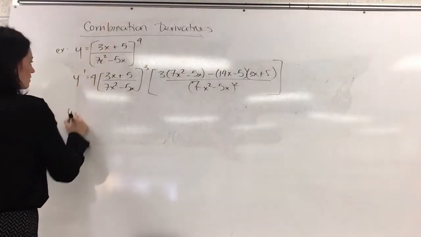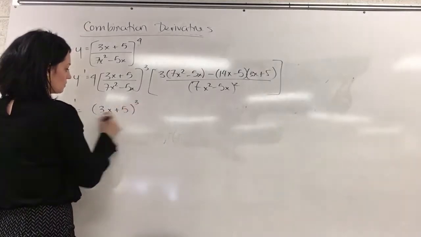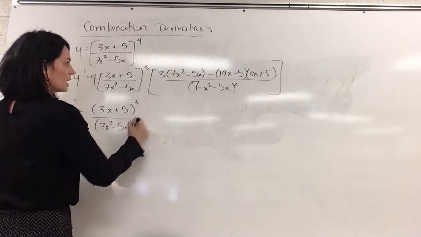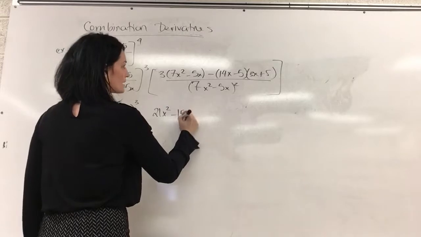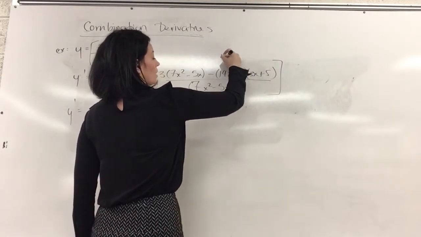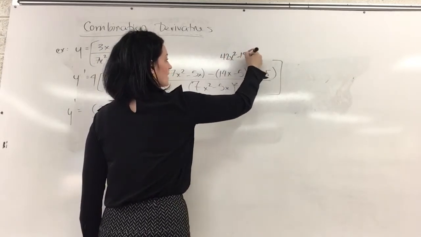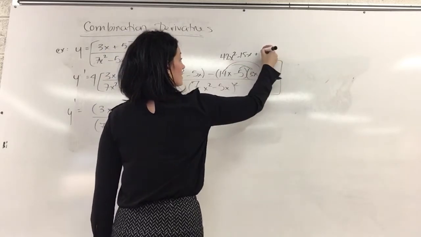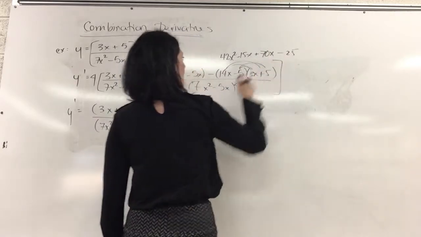But if it did ask you to simplify, how I would do it is I would apply the cube to the top and apply the cube to the bottom, okay? Then I'm going to deal with what's going on here. So 21x squared minus 15x. I'm going to figure out what's going on here. So 42x squared minus 15x, I'm going here, here, here, plus 70x minus 25, okay?